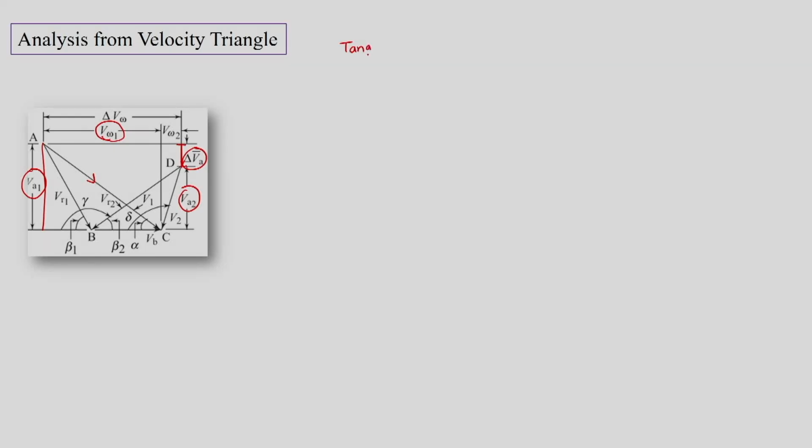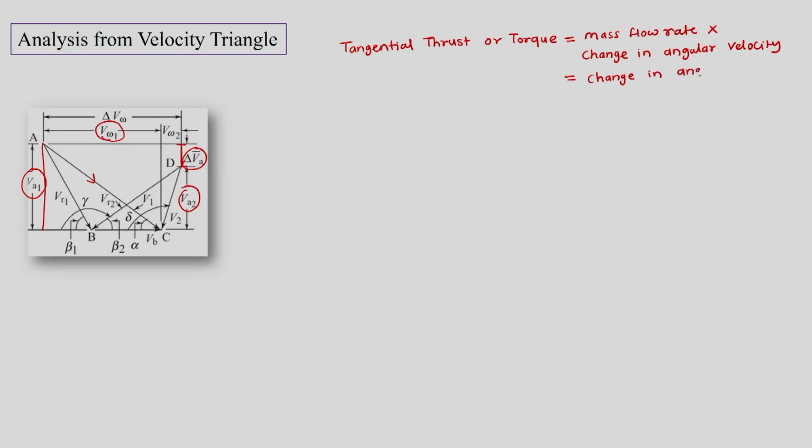The tangential thrust or torque applied by the mass of steam which is going through the rotor is mass flow rate into change in angular velocity, which is necessarily change in angular momentum.